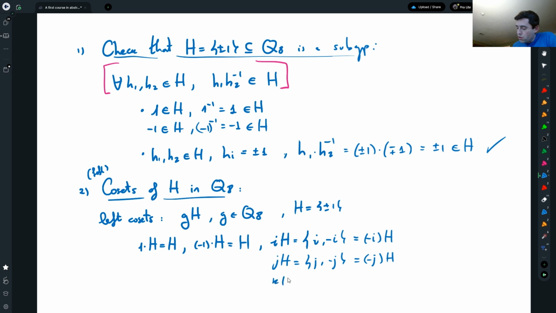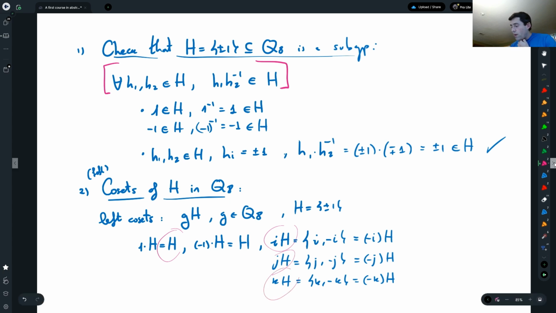And kH will be k and minus k, which is the same as minus kH. Okay, so I have actually found that I have 1, 2, 3, and 4 different cosets.